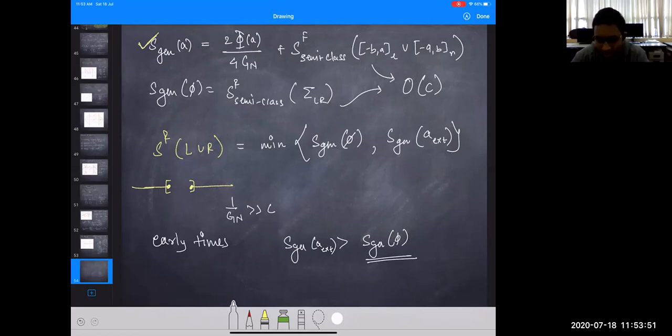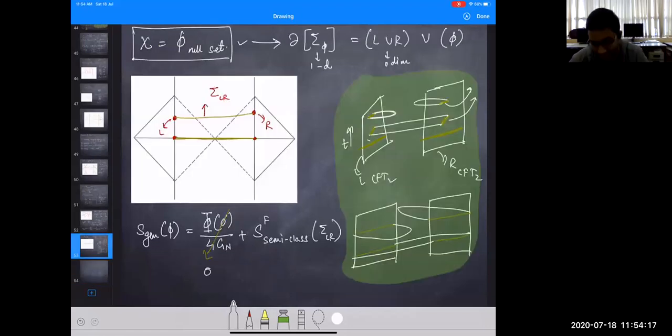And the trivial Ryu-Takayanagi surface, which is the null set, has only an order c piece. So at early times, clearly the null set is the winner. Hence at early times, the actual answer to the extremization and minimization problem which we have written down here is this surface.